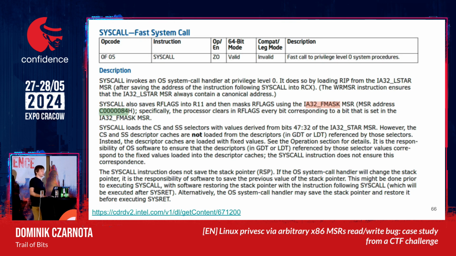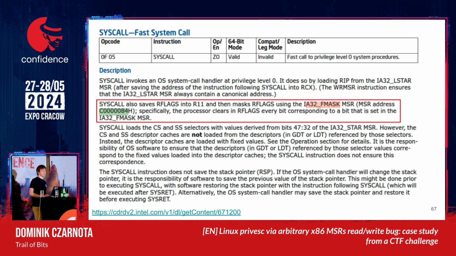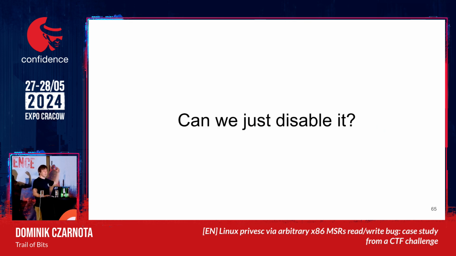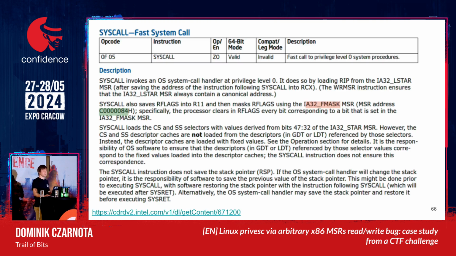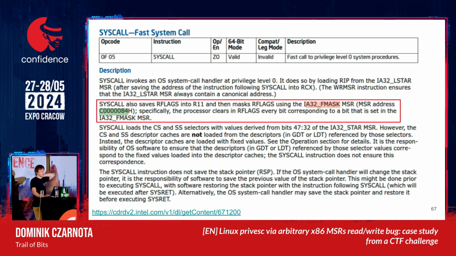Well, it's not so simple, because if you look up the description for the syscall instruction in the Intel manual, it says that syscall saves the flags into some register and then masks this flags register using the IA32_FMASK MSR. So basically what is going on is that when we invoke the syscall instruction, this bit will be checked against the mask in this special MSR that is listed here.